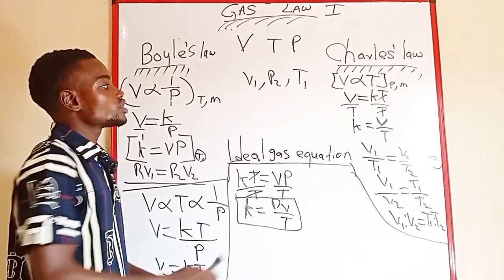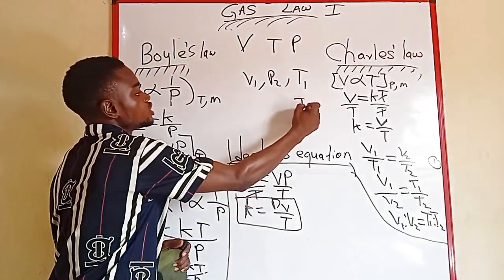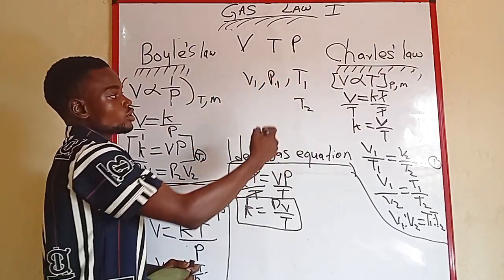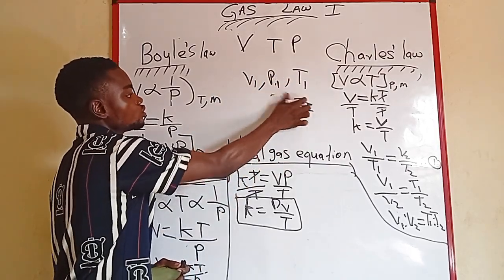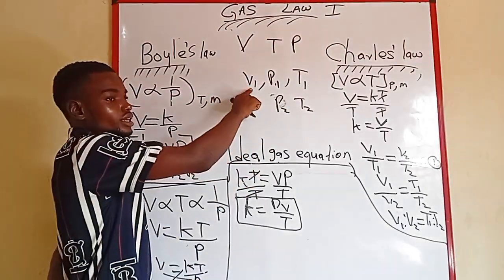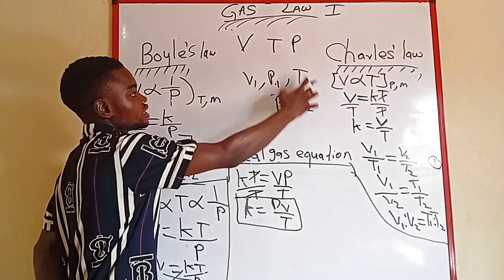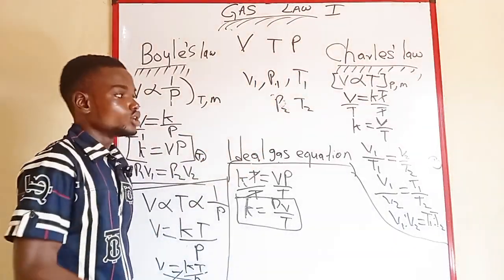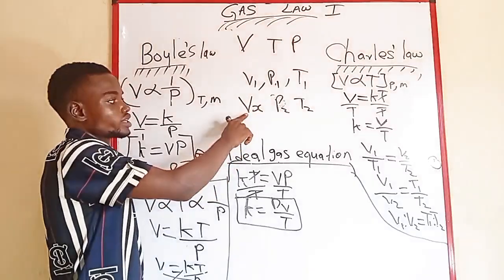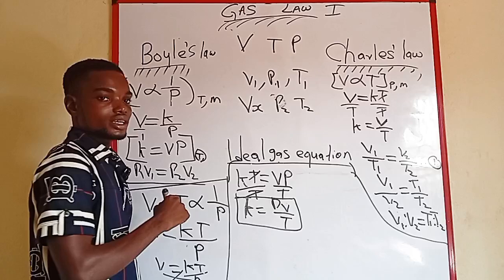Now, assuming there was a change in the temperature to T2, and there was also a change in the pressure, which is P1 to P2, and there was also a change in the volume. Now the change in the volume will result from the change in the temperature and the pressure.